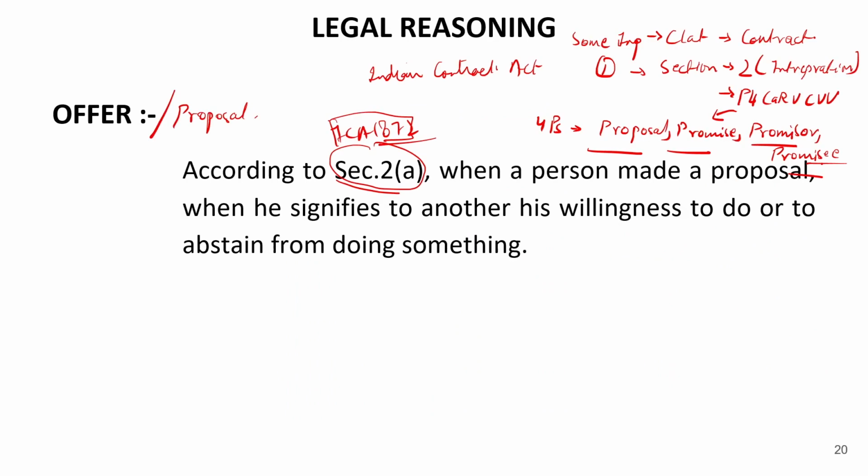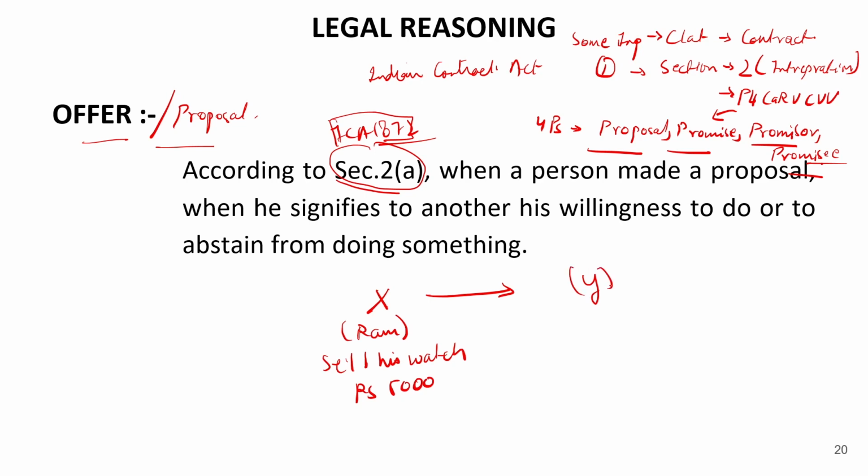Moving forward, now we have thorough knowledge of what exactly a proposal or offer is. An offer is nothing but a person signifying his willingness to do or not to do something in order to get the approval of the other person. An example can be X, or let's take the name again, Ram. Ram wants to sell his watch for rupees 5,000.